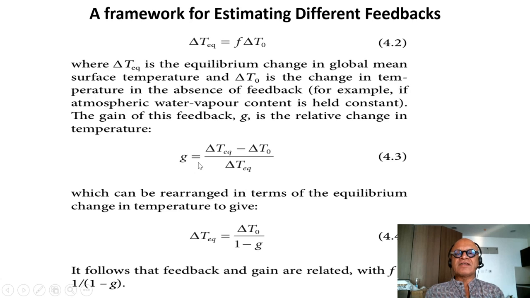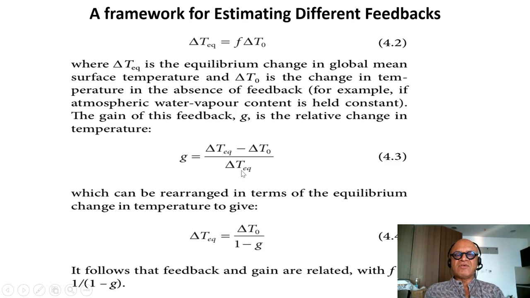Okay, so the gain factor then is the equilibrium temperature you would reach after all the feedbacks have played out. The carbon has been taken up by the ocean, by the land vegetation, whatever remains in the atmosphere. Water vapor has responded, clouds, glaciers, and so on. So that difference of that equilibrium minus the change you would expect without any feedbacks, divided by delta equilibrium. It's not one term, obviously we have multiple feedbacks.